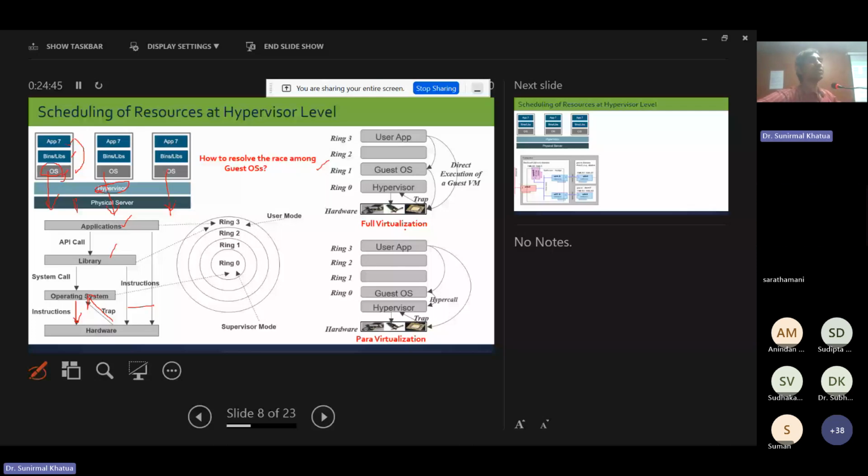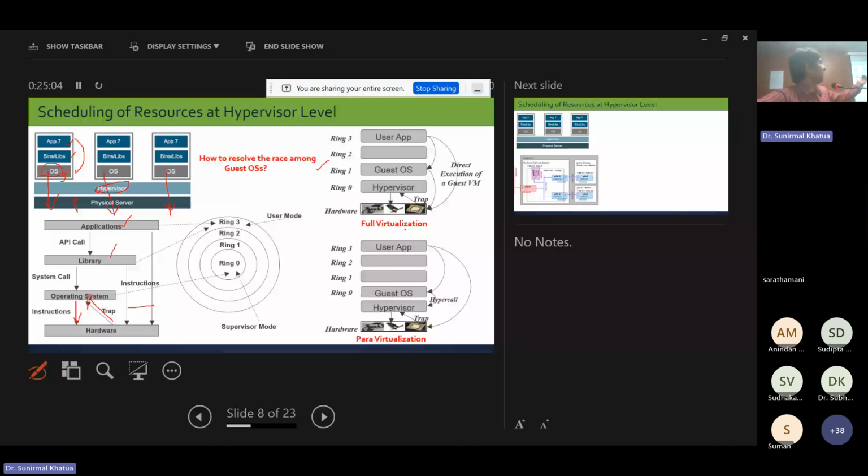It's a normal function call. If there is a context switch, this is overhead. For example, whenever there is a system call from user mode to supervisory mode, it's overhead. But for a hypercall, the overhead is just calling one function. It does not perform a context switch because both are in ring 0.